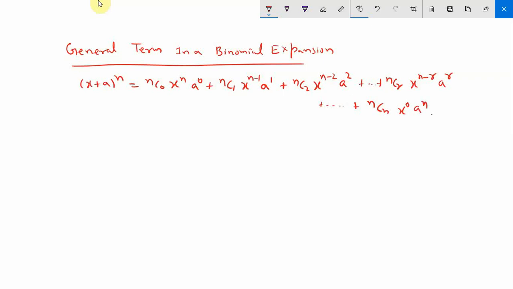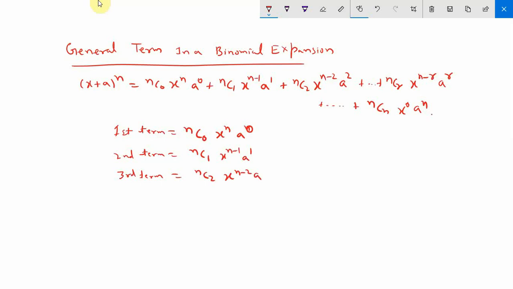So what is our first term here? First term equal to nc0 x to the power n a to the power 0. Second term is nc1 x to the power n minus 1 a to the power 1. Third term equal to nc2 x to the power n minus 2 a to the power 2.